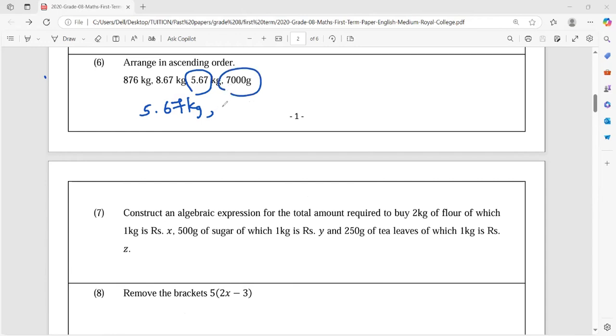This is 7 kilograms. That means 700 grams, and then 8.67 kilograms, 8.67 kilograms, and then 876 kilograms. So this is how these numbers are arranged in the ascending order.